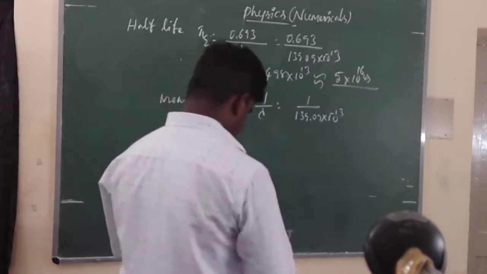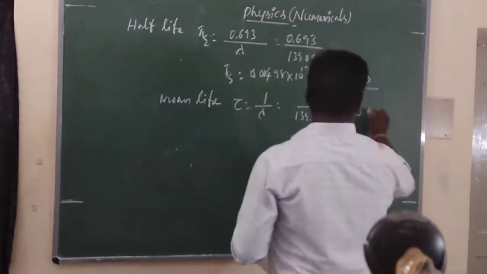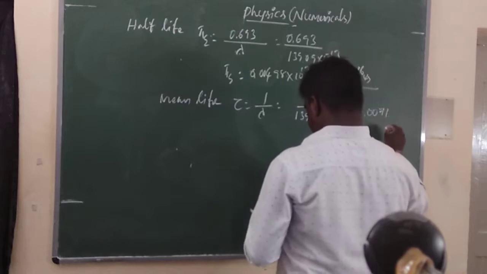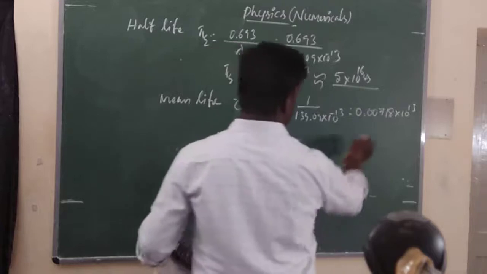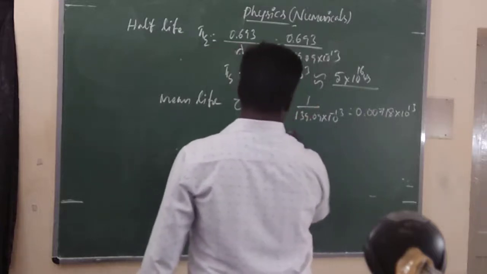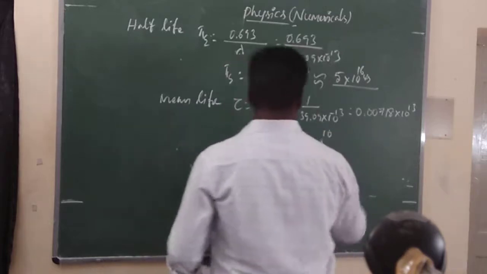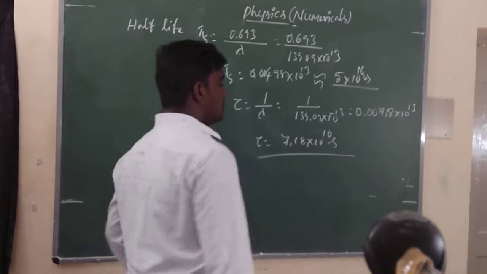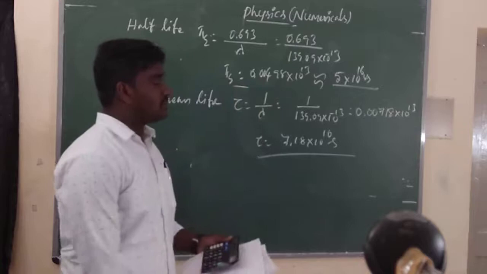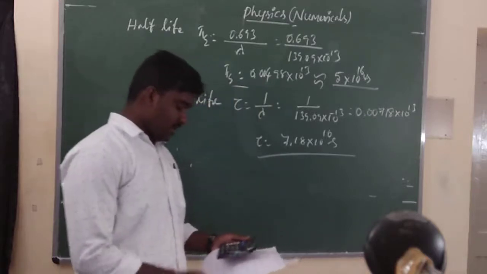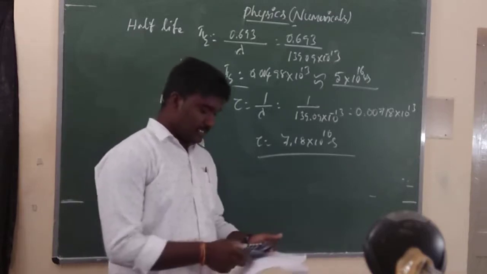So that equals 0.00718 into 10 to the power of 13. So we write it like this: tau equals 7.18 into 10 to the power of 10 seconds. This is the answer for this numerical. So half life we got 5 into 10 to the power of 16 seconds, and mean life 7.18 into 10 to the power of 8 seconds.